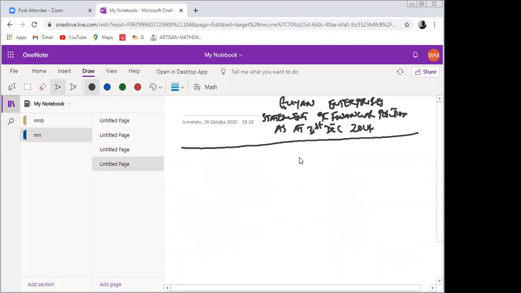Have a column for you to record the cost of the fixed asset, the accumulated depreciation, and the net book value. They are in shillings here.